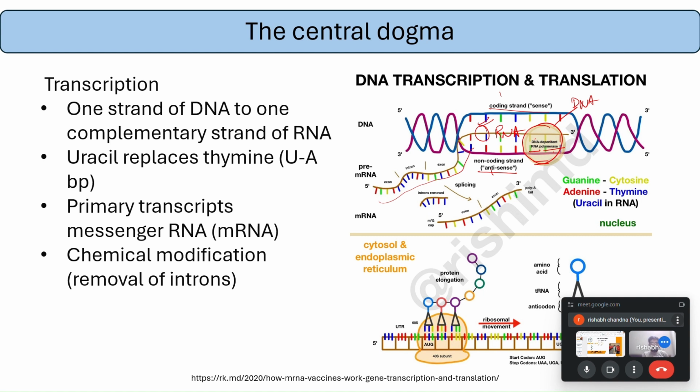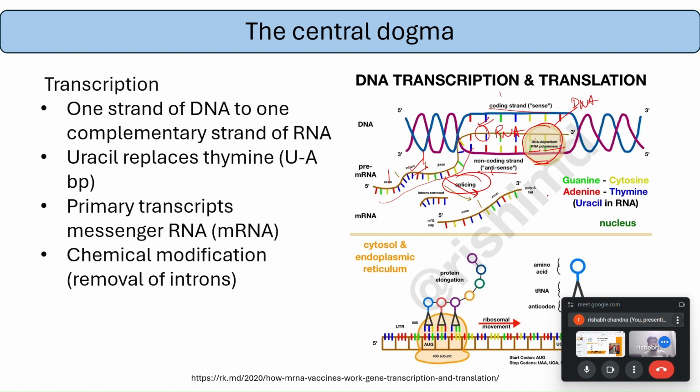Okay, in detail. So now this particular mRNA is formed, and as you know, we have exons and introns in the eukaryotic system. So what happens, the exons are linked together and introns are removed from the RNA chain through the process of splicing.